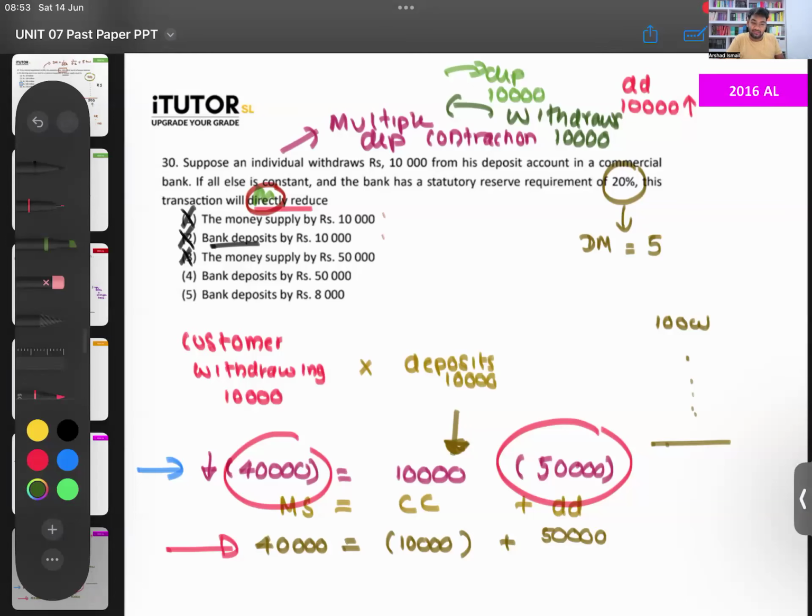The demand deposits of a bank will reduce by how much? Quickly, give me an answer.